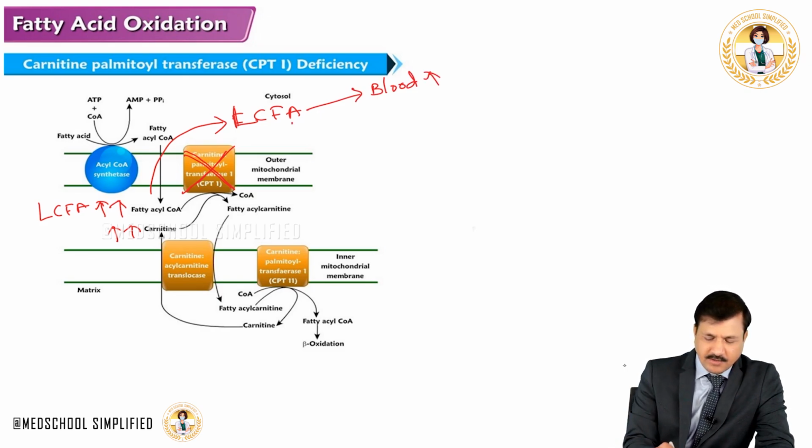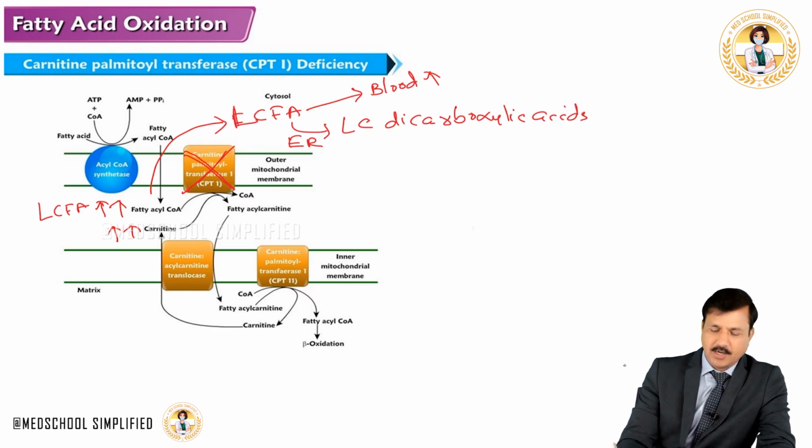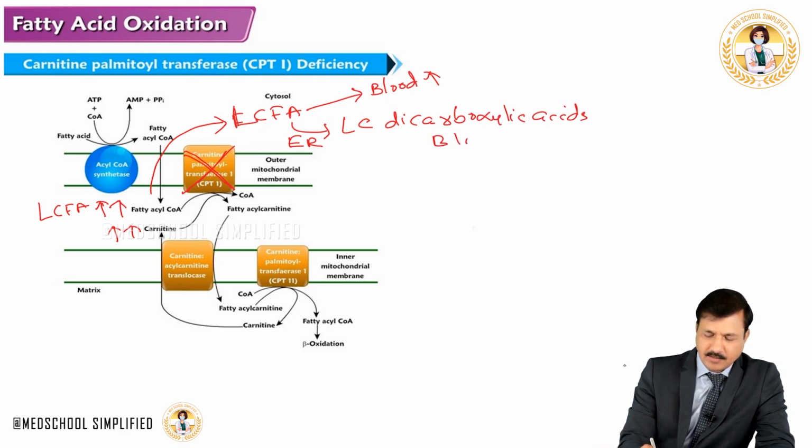Also, long chain fatty acids can go into the endoplasmic reticulum, undergoing omega oxidation and becoming long chain dicarboxylic acids. Long chain dicarboxylic acids you are going to find in the blood, and they will also appear in the urine.